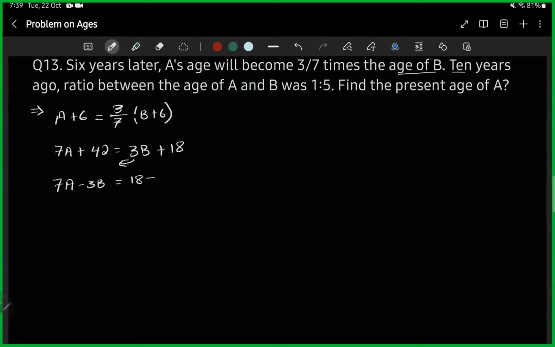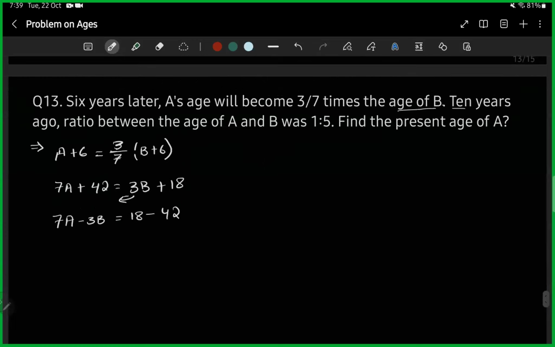So here we will get 7A minus 3B equals 18 minus 42, which gives you minus 24.